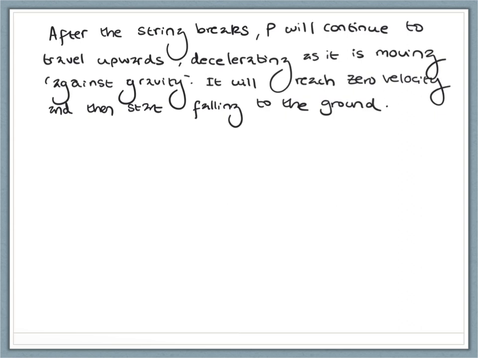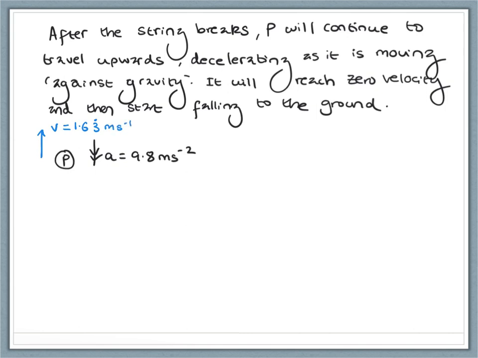So let's see if we can do some calculations. So the first thing we want to do is look at the upwards motion of P. Now, the acceleration will be 9.8 meters per second squared downwards because it's in the same direction as the weight. But at the point at which the string broke, this particle was travelling with a velocity that was vertically upwards, and this velocity was equal to 1.63 recurring meters per second.